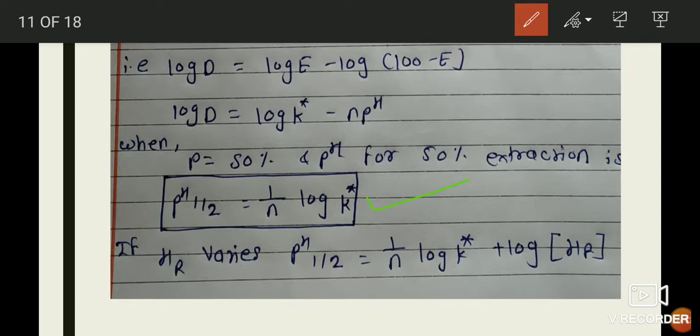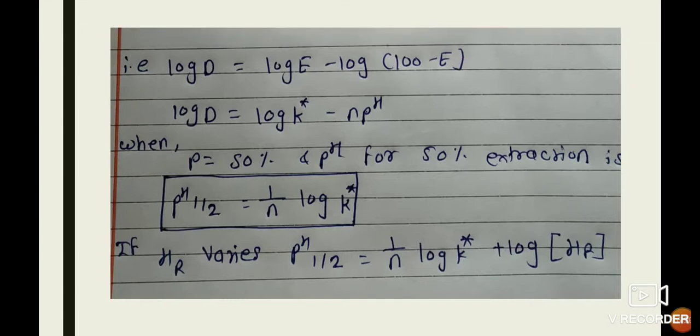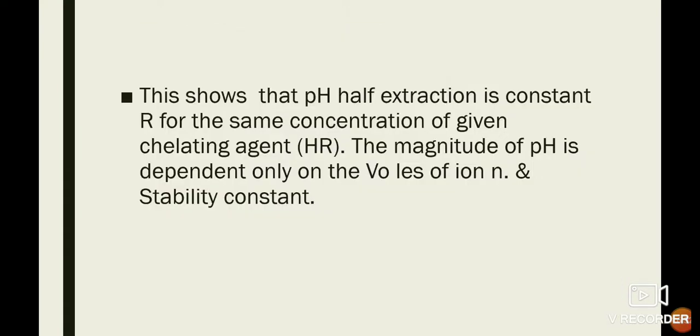If HR varies, pH half is equal to 1 by n log K star plus log HR of the varying ligand. This shows that pH half extraction is constant for the same concentration of a given chelating agent HR.